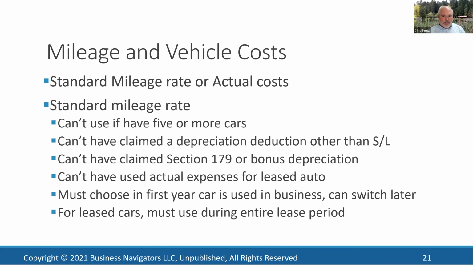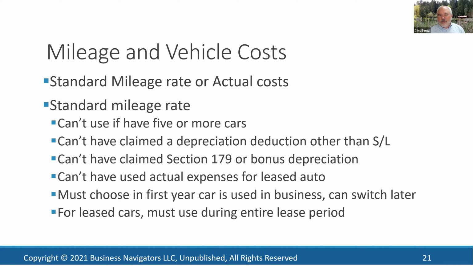Mileage and vehicle costs. We've got two ways that we can deduct mileage. I'm starting now on page 13. So we have the standard mileage rate or actual cost. With the standard mileage rate, the IRS publishes the mileage rate annually. You can't use the mileage rate if you have 5 or more cars in the business.